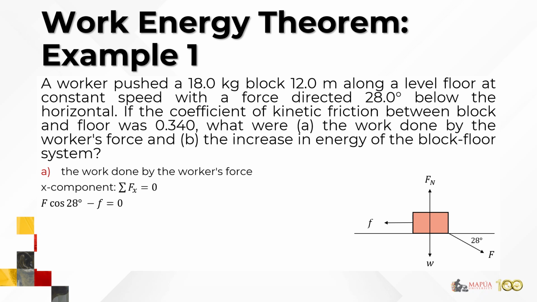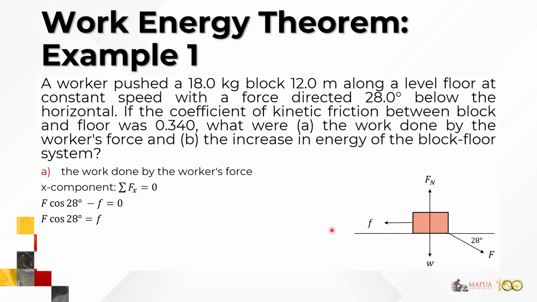So let's substitute. F cosine 28 degrees here, that's the horizontal component of this F, minus small letter f, that's your friction. So in the X component, obviously we only have two forces acting on the object.